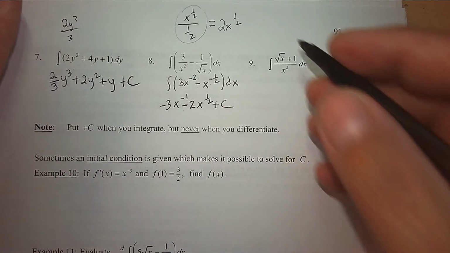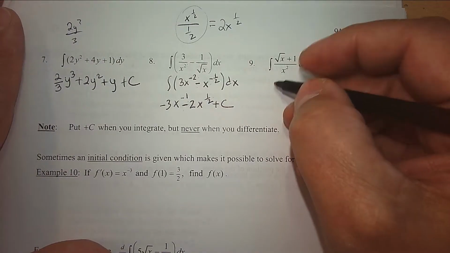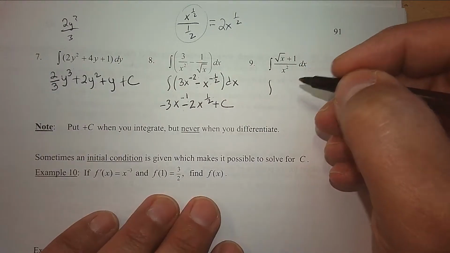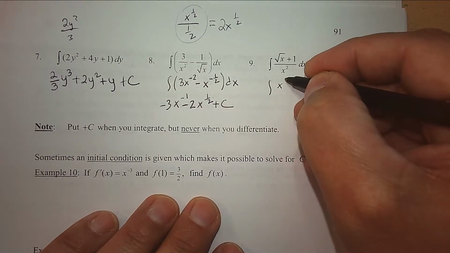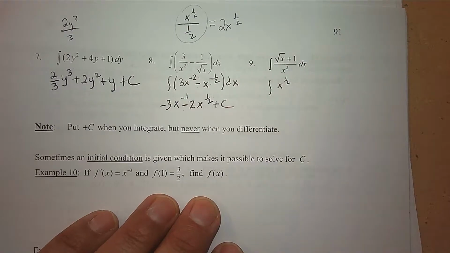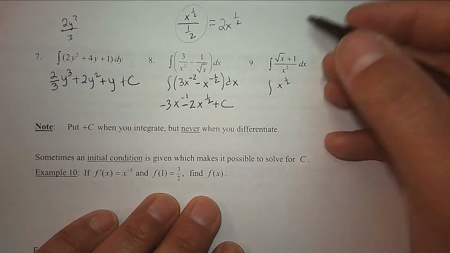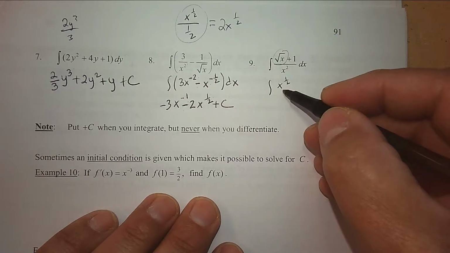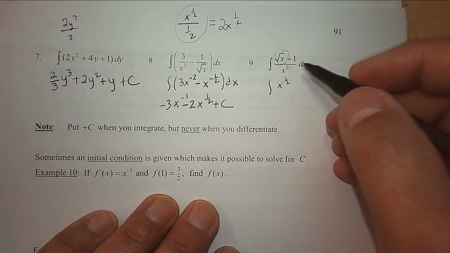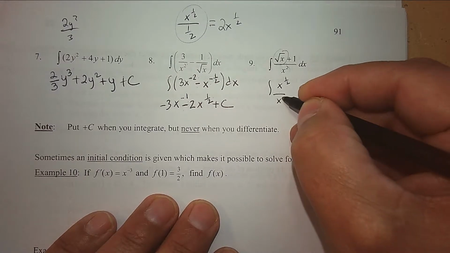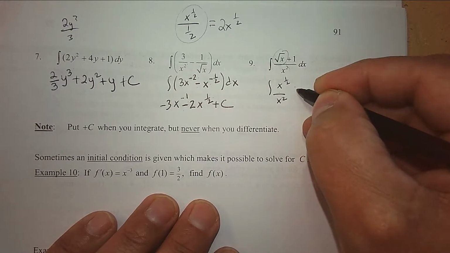Number 9. The algebra before the calculus. So what will the algebra look like? The square root of x is the same as x to the positive 1/2, correct? The square root of x can be written as what? x to the 1/2. What's the denominator? That denominator belongs to both.